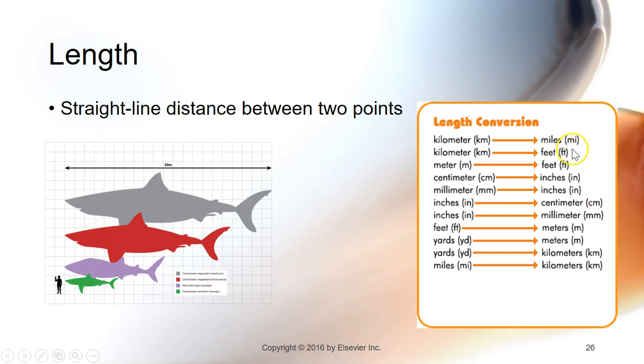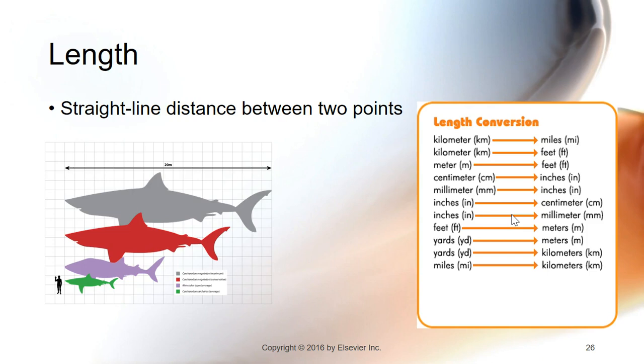We're used to miles, feet, inches. SI units are kilometers, meters, centimeters, and millimeters. And then we can also have yards or meters and miles. So just knowing the different conversions is important, but know that we're going to be more concerned with the SI unit.